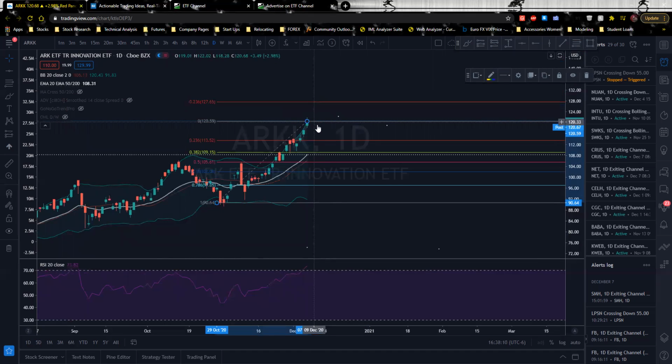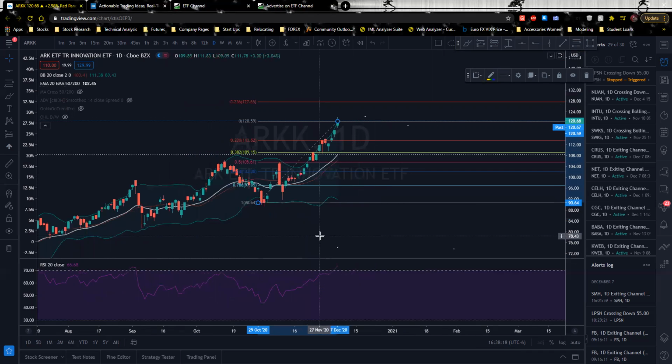If you think price is going to dramatically drop here, realistically, I don't think ARK is going to come back down. But this is your preference. You use your confluences of how you see market structure, the RSI, and the bands, and this will be how you conclude what you think the momentum is of where your sellers will go. So do you think they will sell?